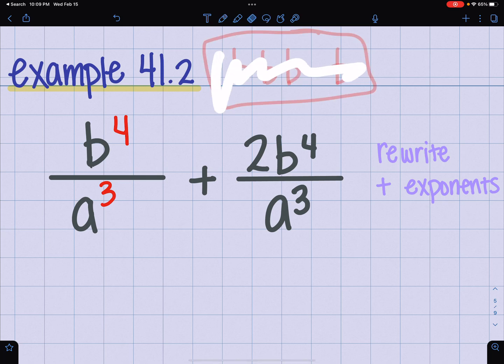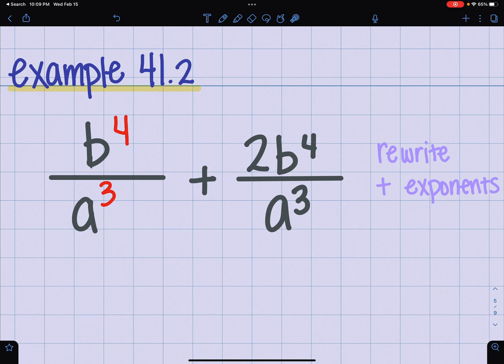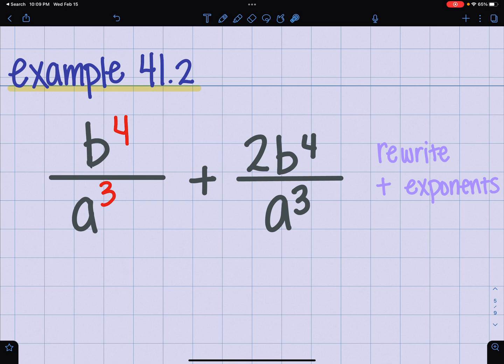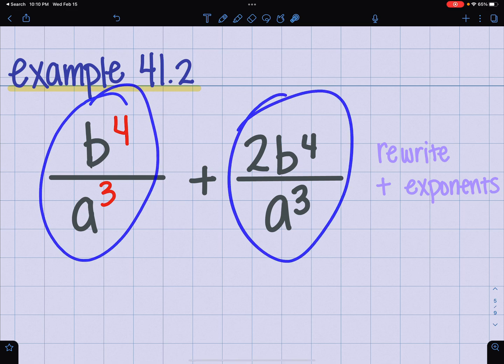We can simplify that. All right, now let's look at this next term. All the exponents are already positive, and there's nothing on the top and the bottom that I can simplify. So that's it. This one's already done. It came done. That's cool. So let's look at if we have any like terms between these two.